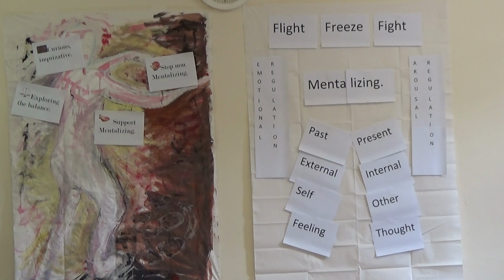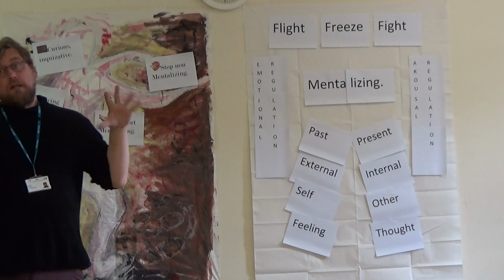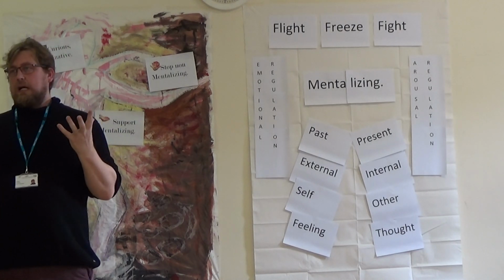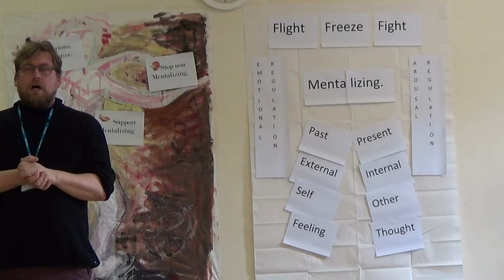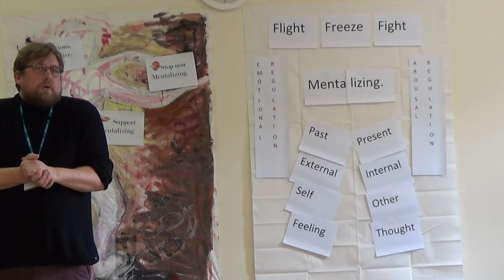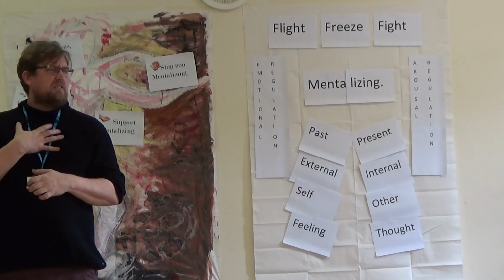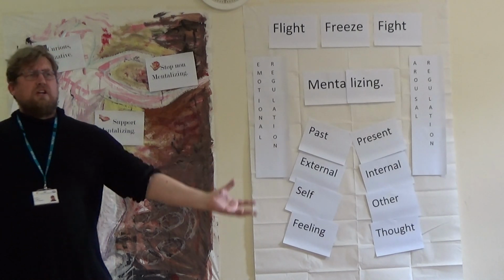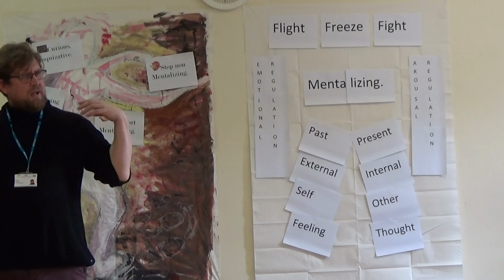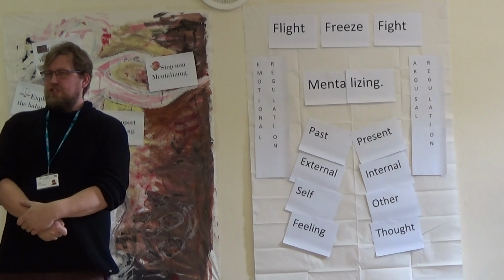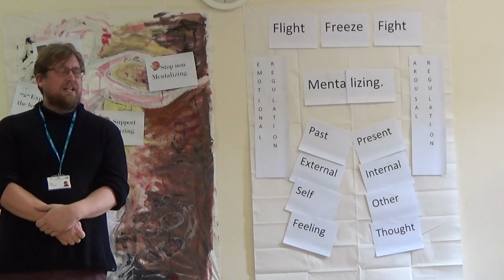One is crisis, when people are very emotionally activated, and we all tend to go offline a bit. If we're heightened, with anxiety, getting up and talking in front of a group of people, my mentalising ability might be a bit slowed up or corrupted.